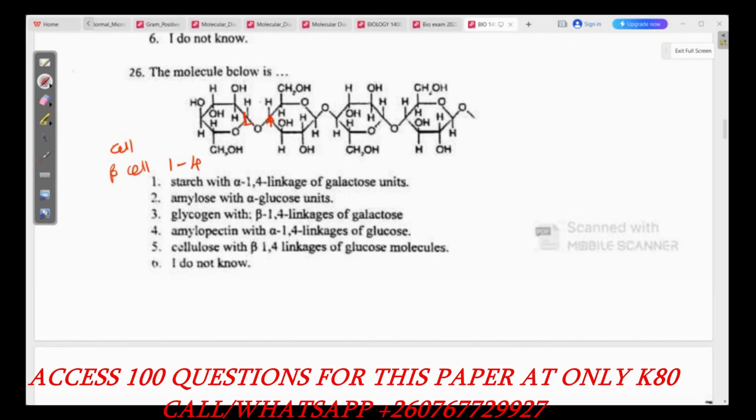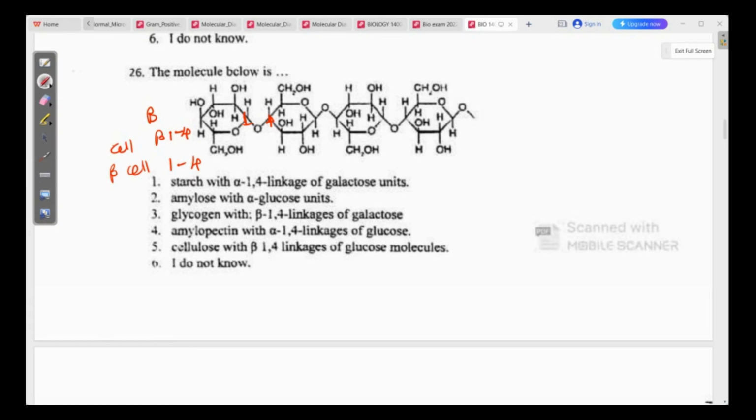The type of monomers which are involved are beta. That's why we are saying beta 1 to 4 glycosidic bond. So the answer is not starch with 1 to 4, no. Amylose with alpha glucose units, no. Glycogen, no. Amylopectin, no. Cellulose with beta 1 to 4 linkages of glucose molecules. So this is the answer here.